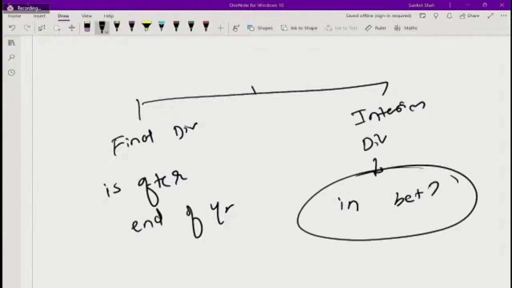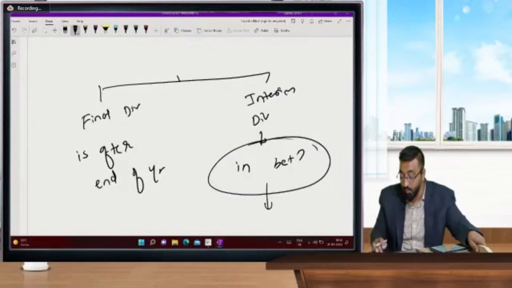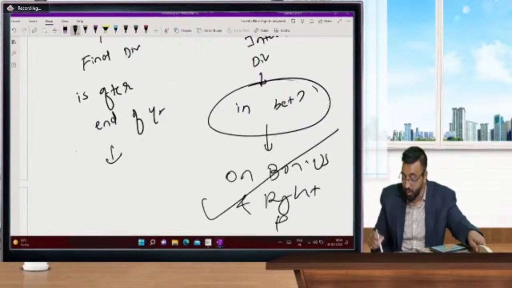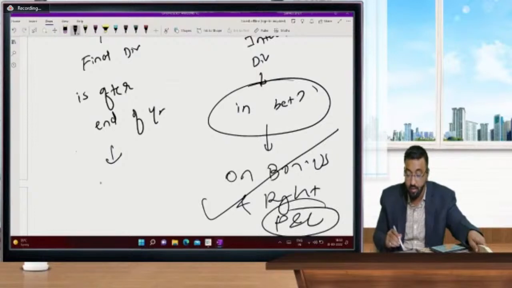In between, it means that dividend is always on bonus shares also, on bonus and right issue also. And it is credited to P&L. And this final dividend is not on bonus and right issue.